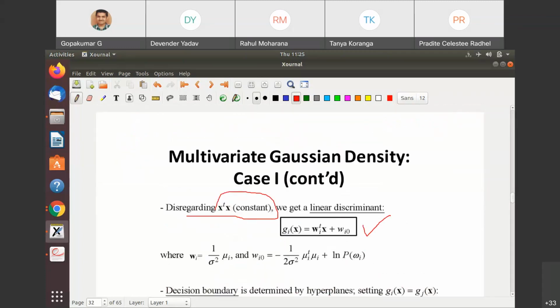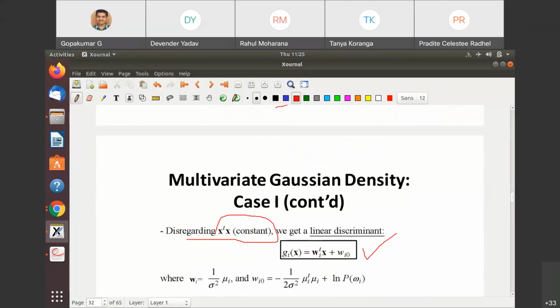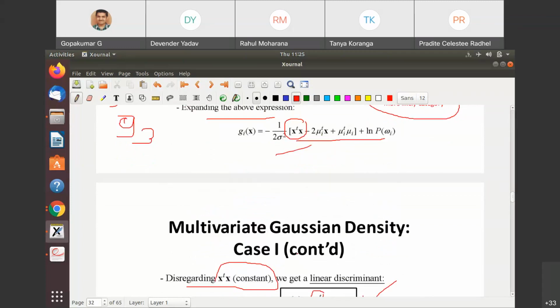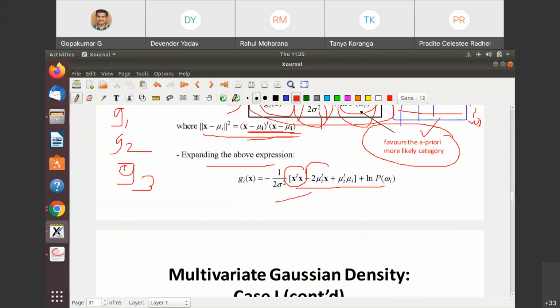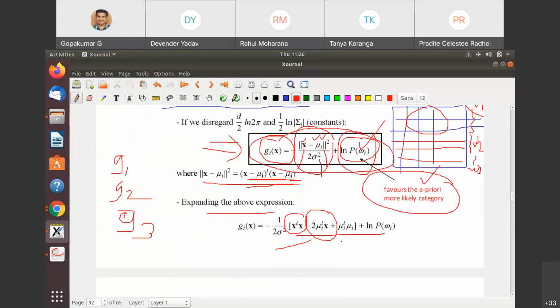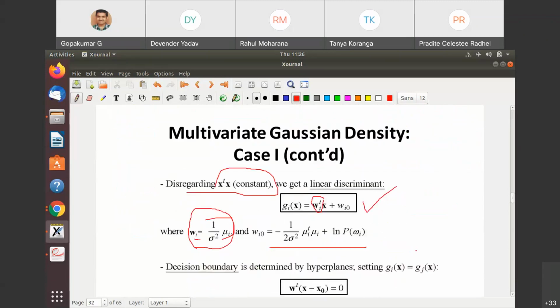Suppose we rearrange or express g of x in this particular form, where wi transpose is nothing but this particular term, obtained from this equation by representing this term with wi. The remaining term in this equation, let us represent as wi0.